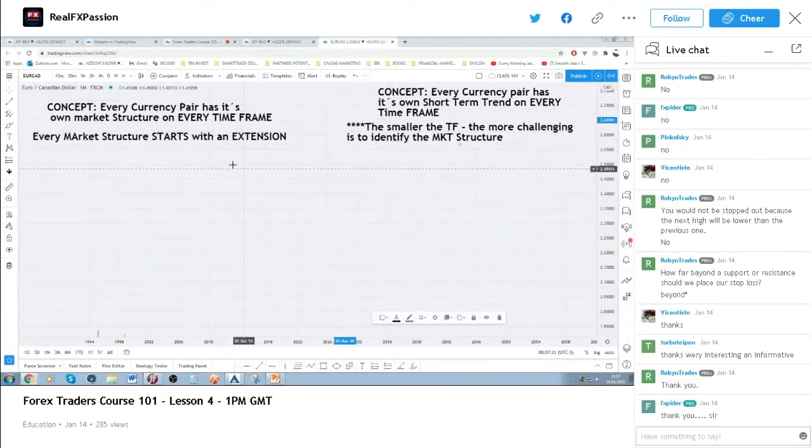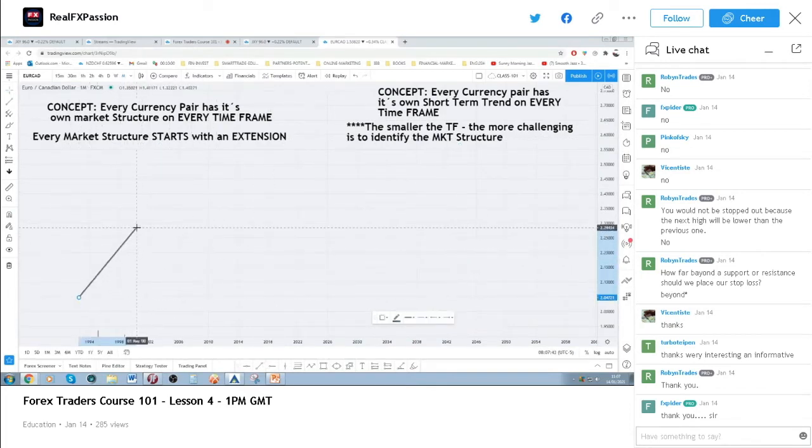Okay, concept number one: every currency pair has its own market structure on every time frame. And so in an uptrend, you know, we are going to have the first extension. Let's color code this in green, or blue, right? Blue, okay. That will be the first extension.